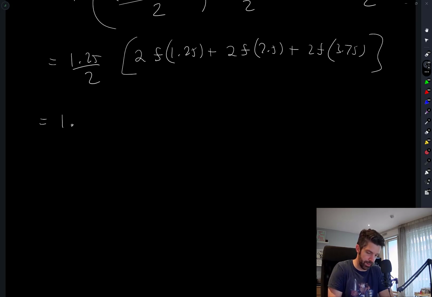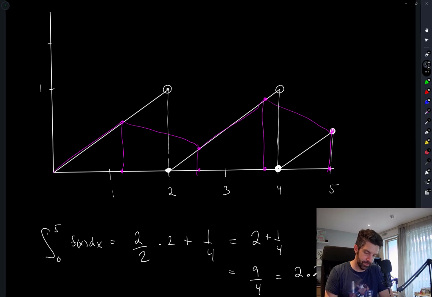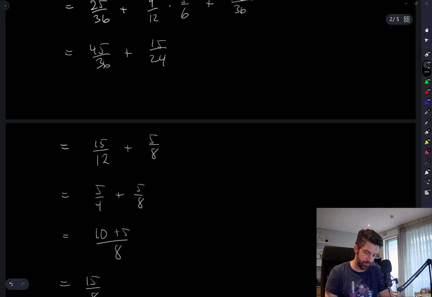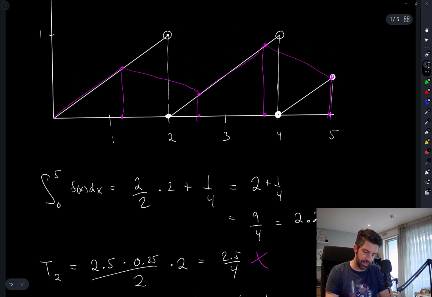Okay, so 1.25 times f of 1.25. Well, 1.25 over 2 is 0.625 plus, okay, f of 2.5 is 0.25 and f of 3.75.